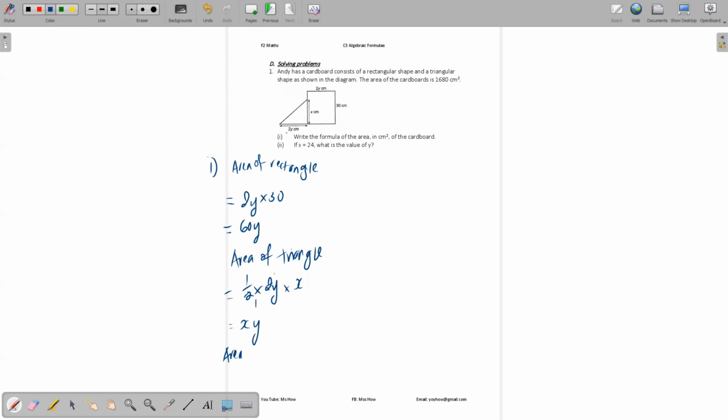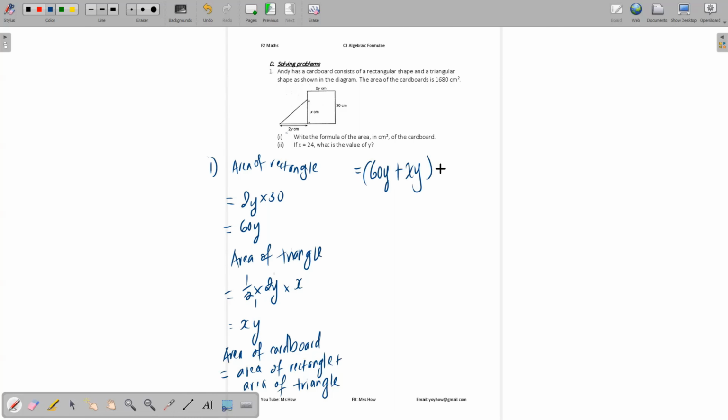So area of the cupboard equals to area of the rectangle plus area of the triangle. Okay, so it will be equivalent. Just now the rectangle is 60y plus xy, and then don't forget your centimeter square.